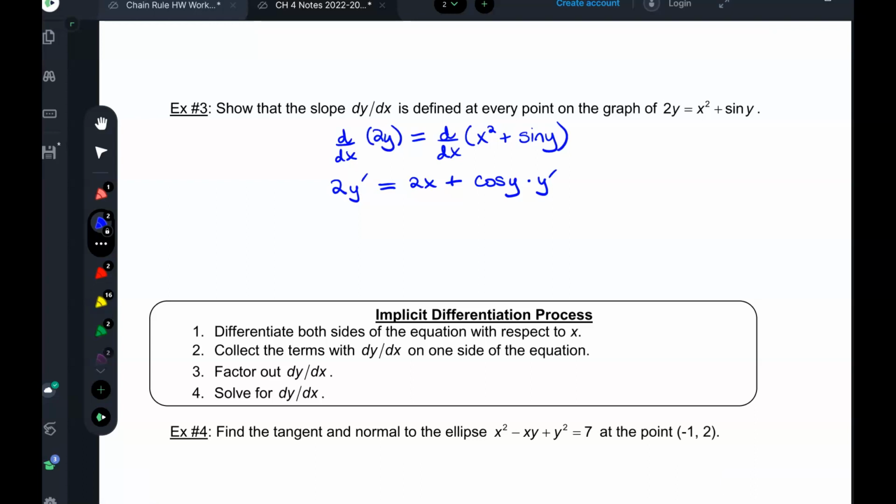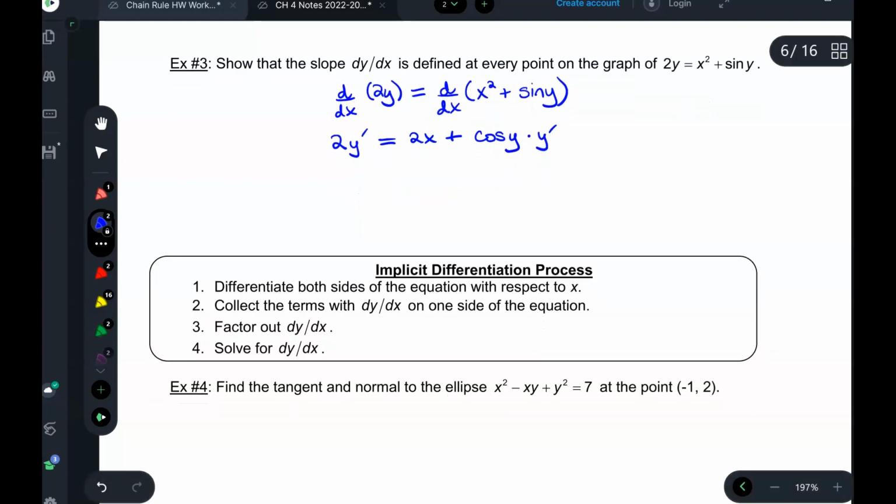Remember, derivative of the outside, keep the inside the same, times the derivative of the inside. And y is always its own inside. So anytime you encounter a y, you do the derivative just like normal, but then you multiply by y prime, because that's really performing the chain rule.